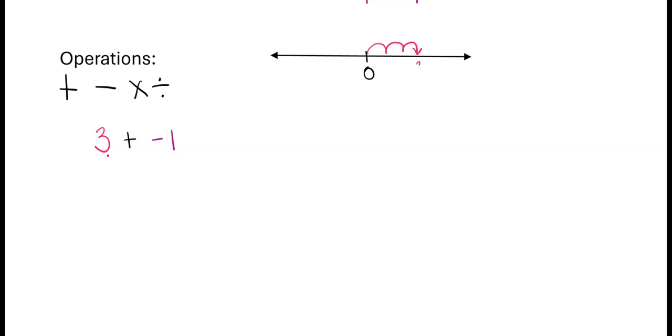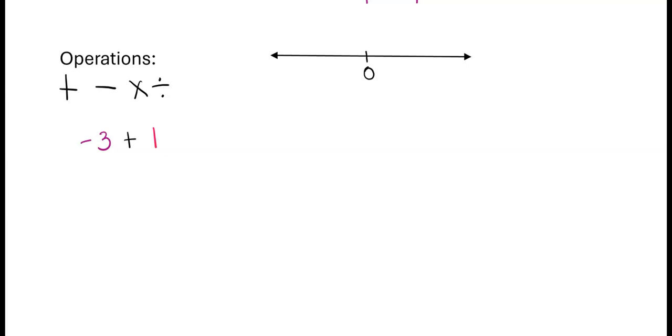So that gives me a positive 3. But then I'm adding a negative 1 to it. Negatives go left, so I'm going to move to the left 1 unit, or move negative 1 to get to 2. So positive 3 plus a negative 1 actually equals a positive 2.